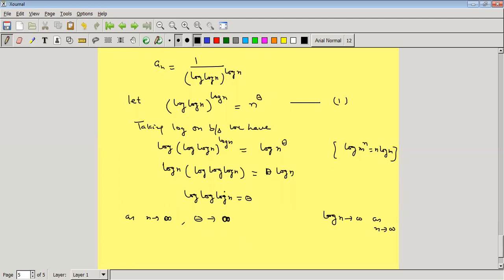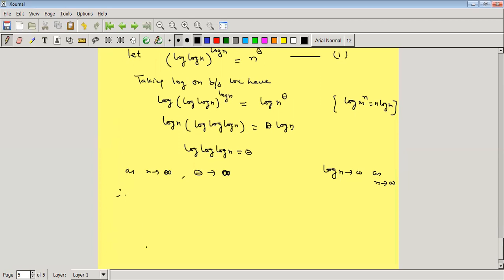So log of log n becomes infinite when n goes to infinity. It means theta goes to infinity as n goes to infinity. Therefore, log of log n is divergent. It diverges to plus infinity.